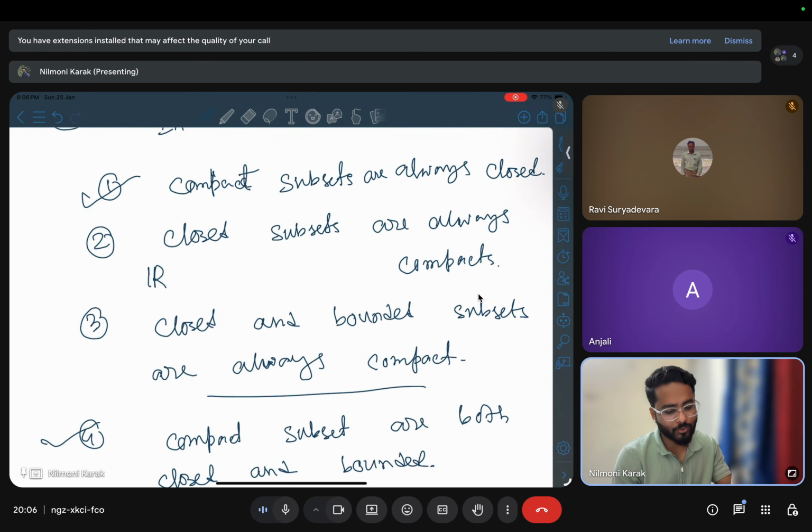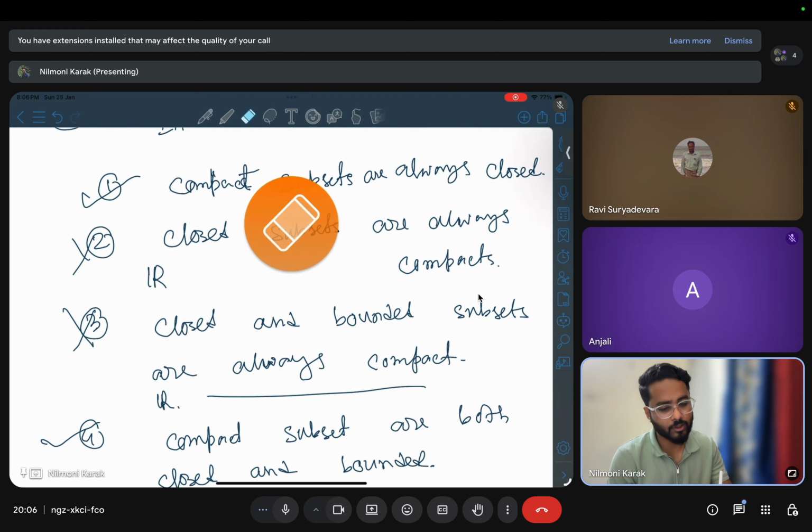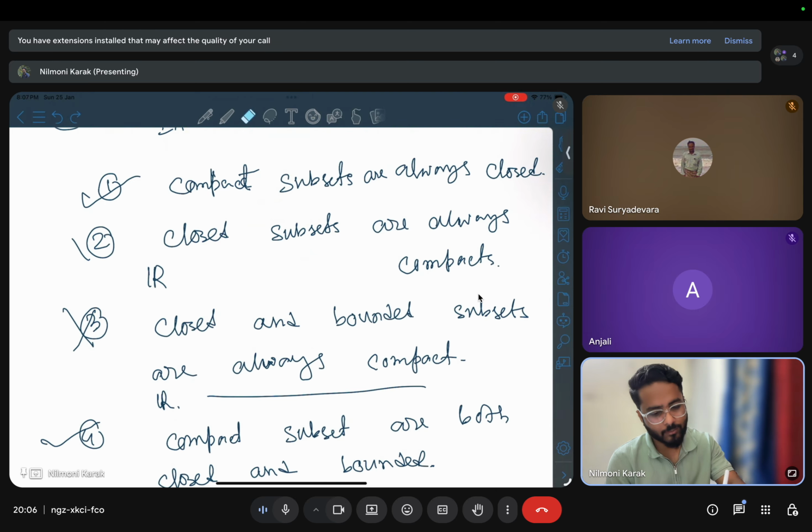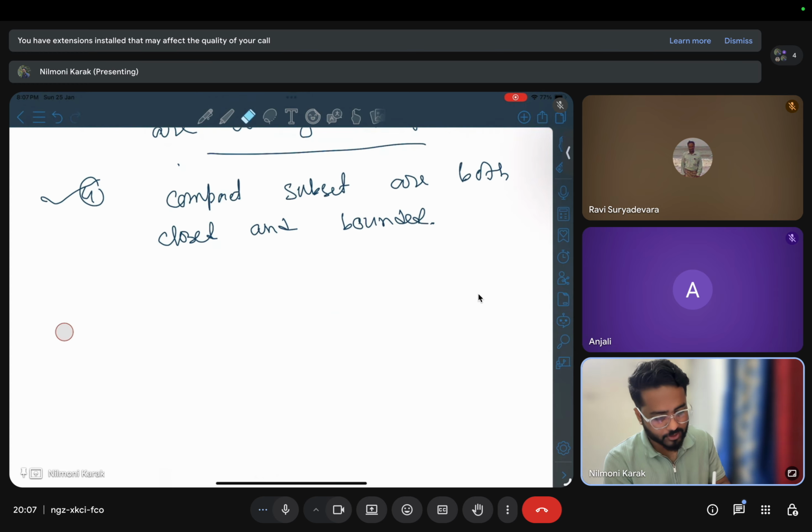R will also work for this, right? No, actually, sorry, for 3 it will not work, because closed and bounded both are needed.